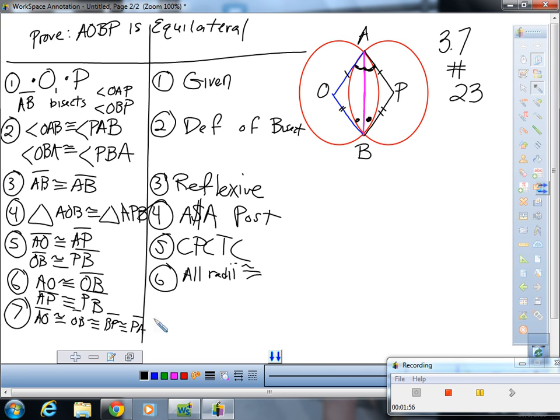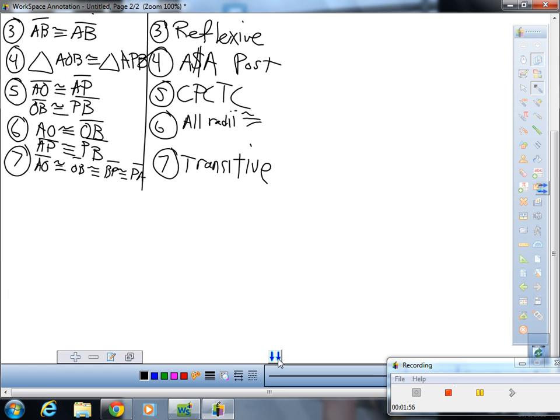And my reason? Transitive. And now my final step will be to say that AOBP is equilateral by definition of equilateral.